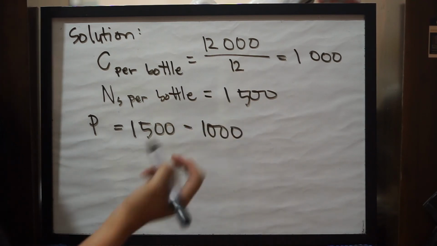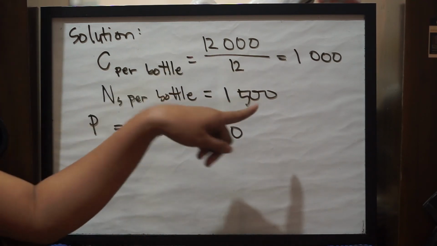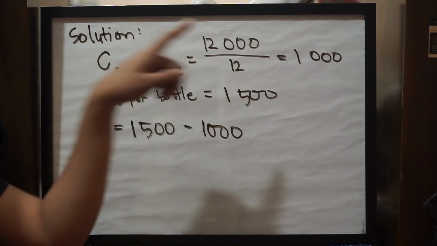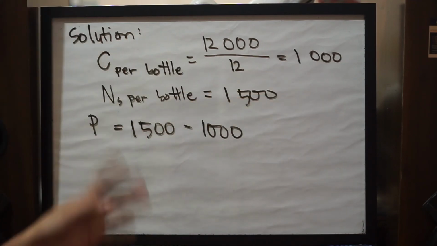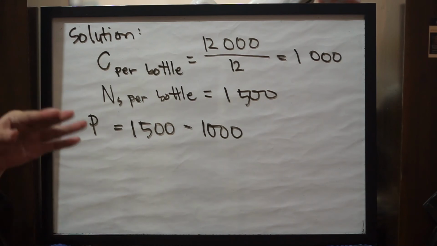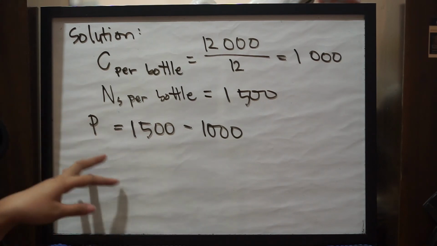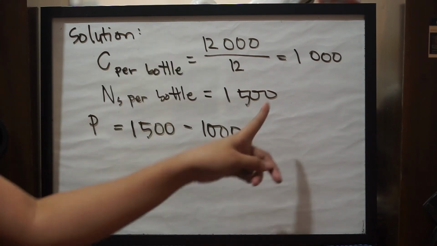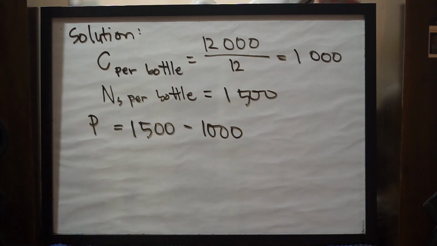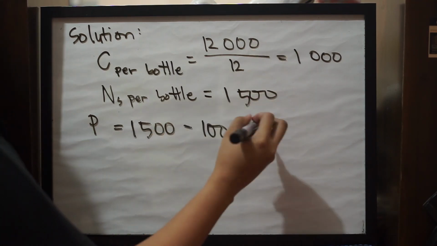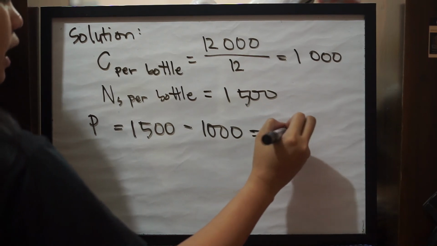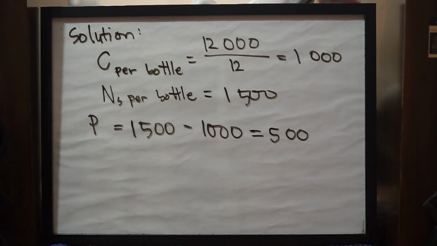Dahil mas mataas yung net sale mo kesa sa cost mo, the entrepreneur is experiencing a profit. Subtracting these two, the answer is 500.